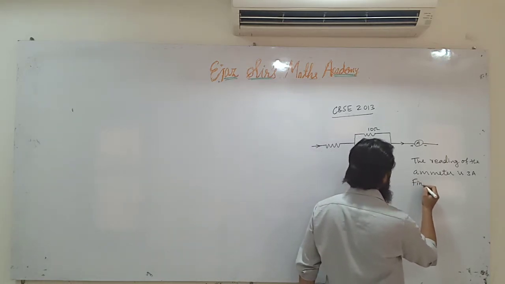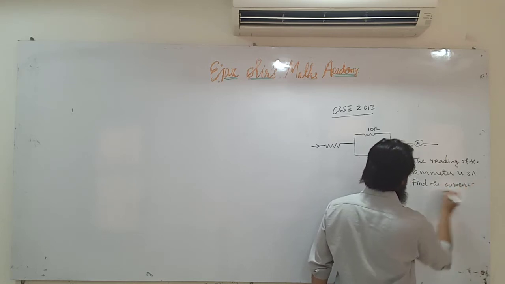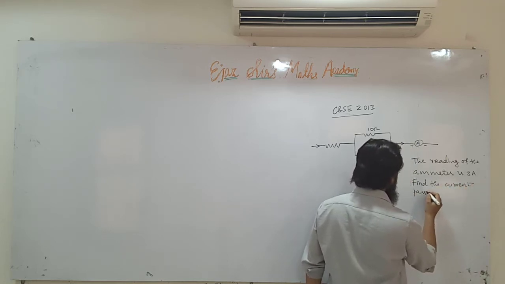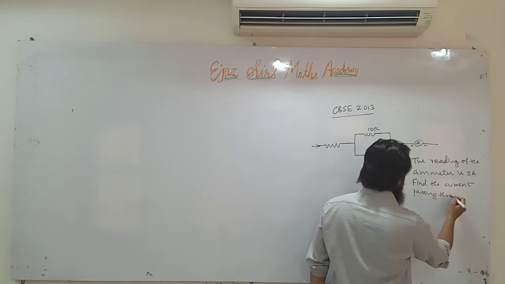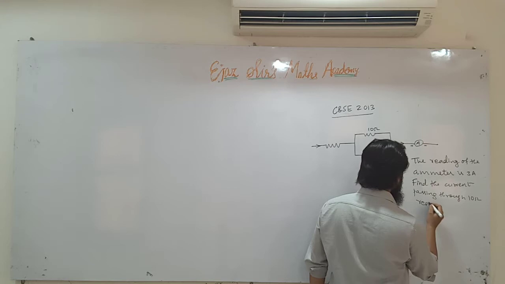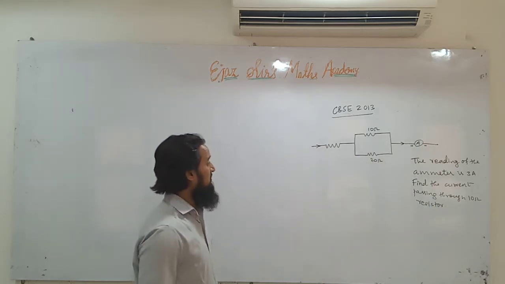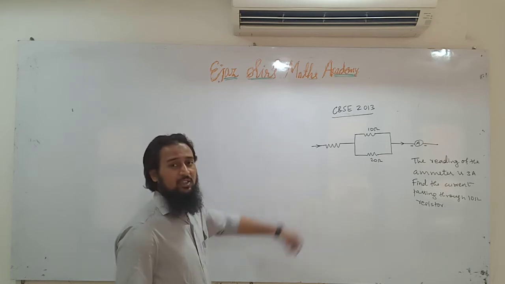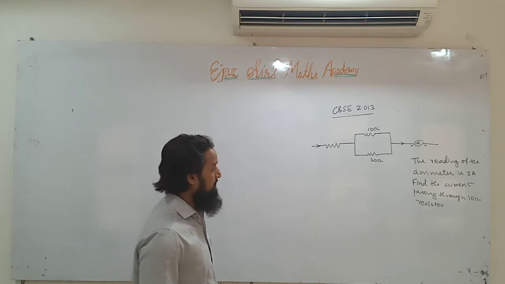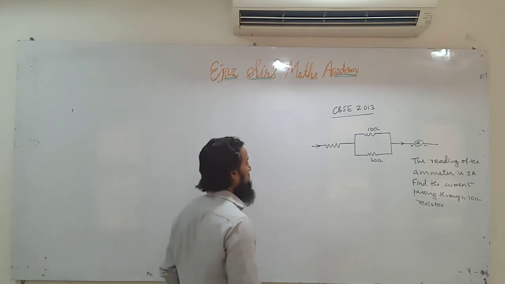Find the current passing through the 10 ohm resistor. This is the question. This was asked in the CBSE 2013 board exam. The reading of the ammeter is 3 ampere. Find the current passing through the 10 ohm resistor.